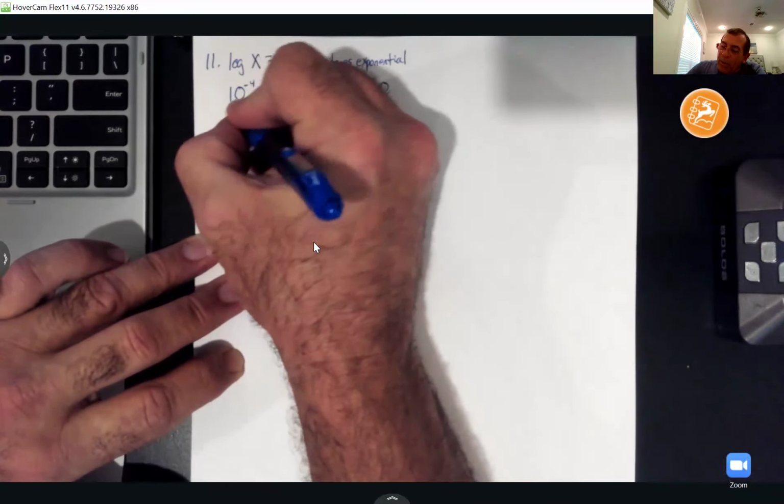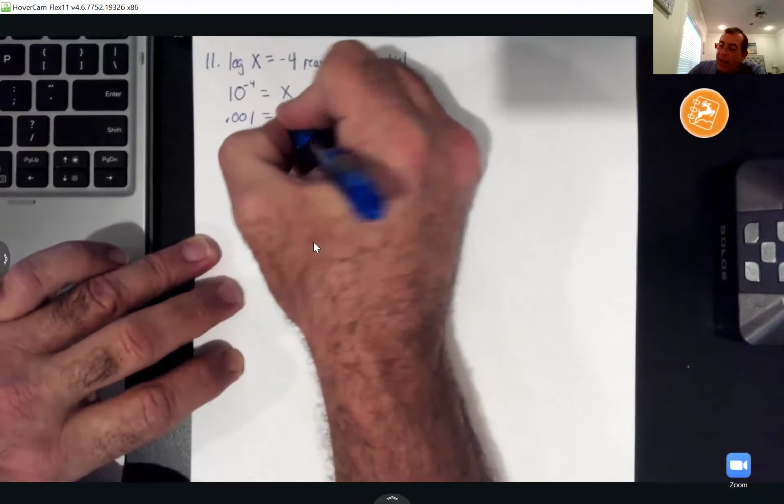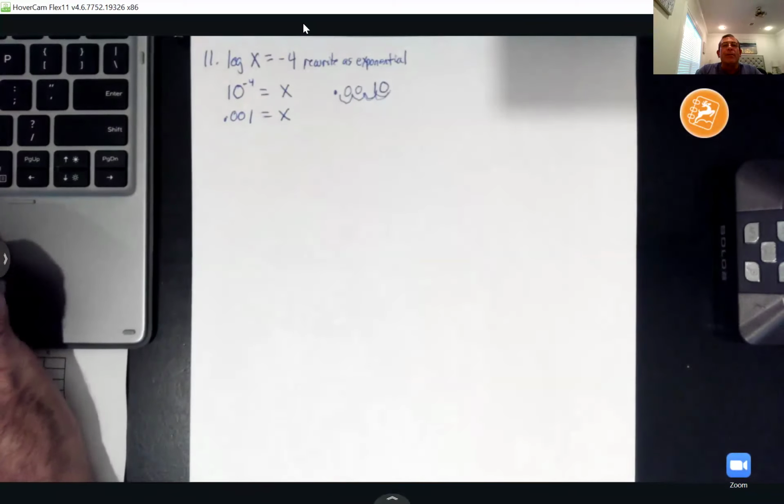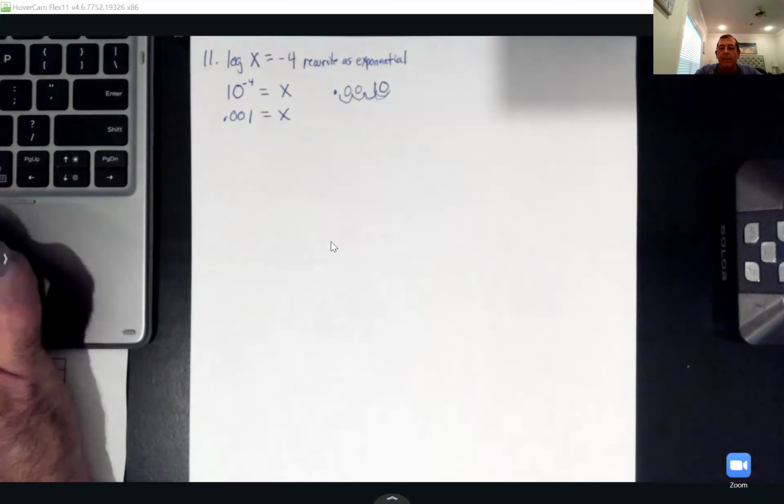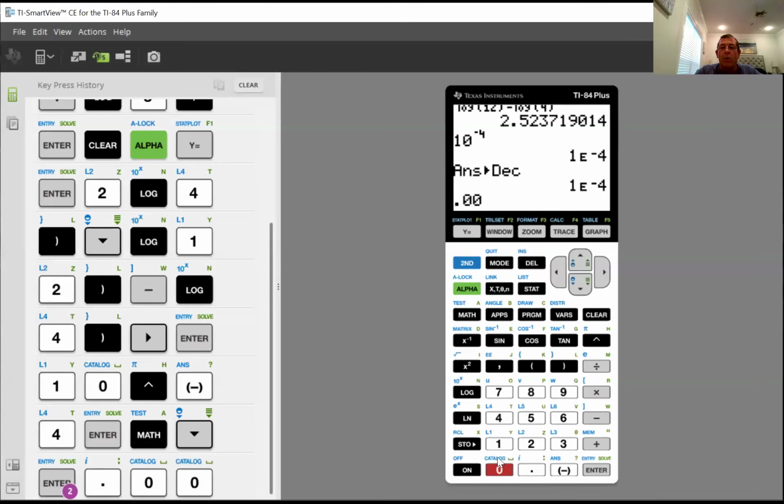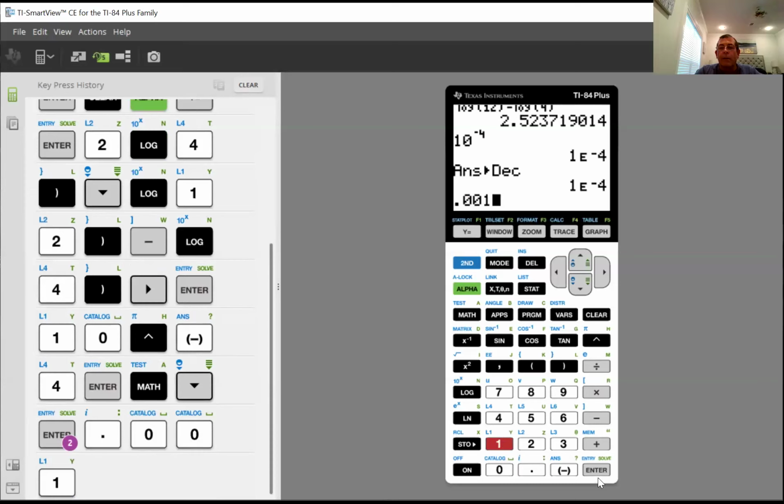So 0.001 will equal my x. So let me see what the calculator does to that. Oh, now it leaves it like that. But yeah, that's what you got to do on that, just move that decimal left 4.